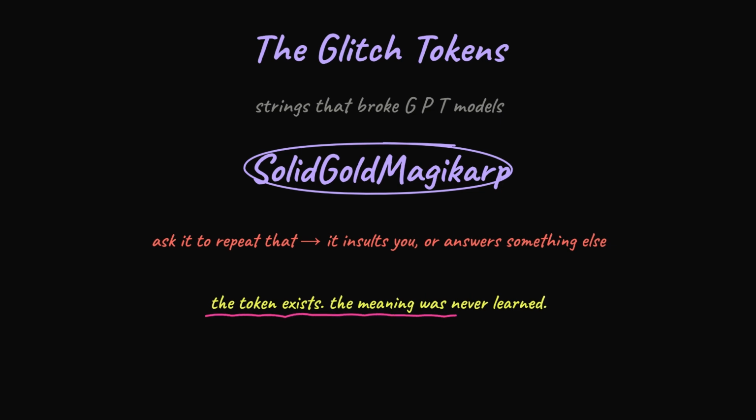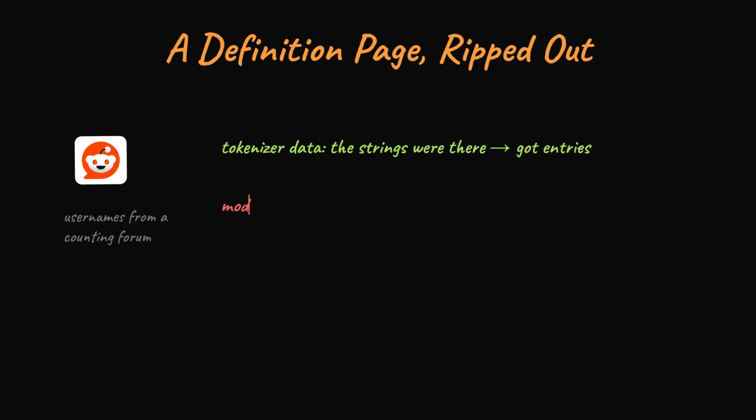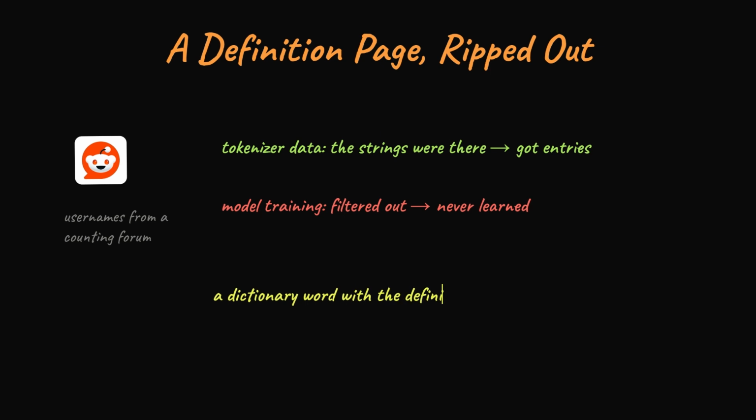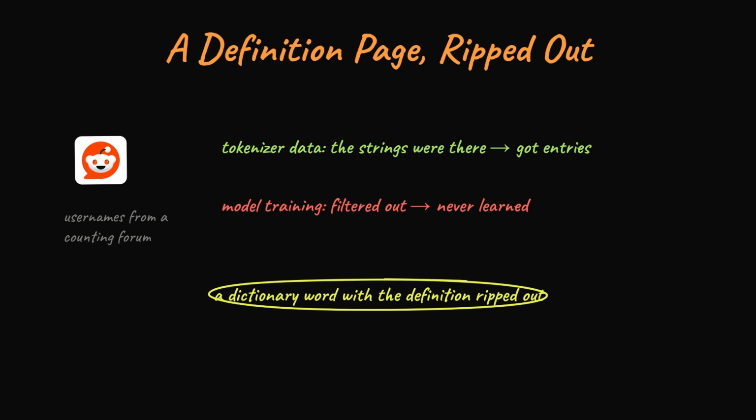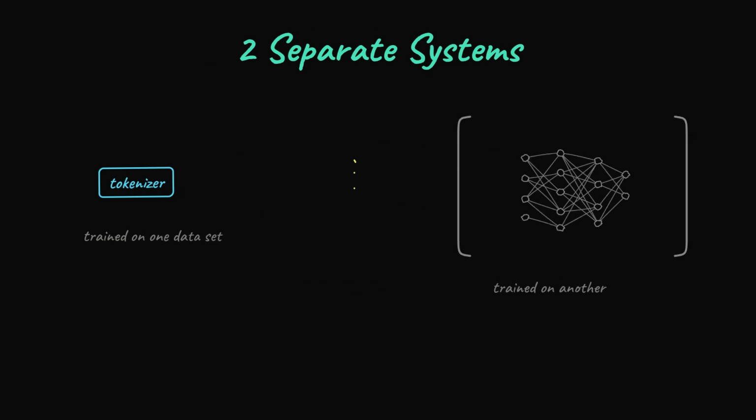What happened is that certain junk strings, mostly usernames from a Reddit counting forum, appeared often enough in the tokenizer's training data to earn their own vocabulary entries, but that content got filtered out before the actual model training. So the token existed, the model just never learned what it meant. It's like a word in your dictionary with the definition page ripped out. Most of these have been cleaned up in newer models, but it's a great reminder that the tokenizer and the model are 2 separate systems trained on different data, and weird stuff lives in the gap between them.